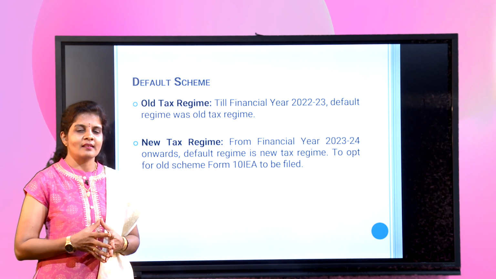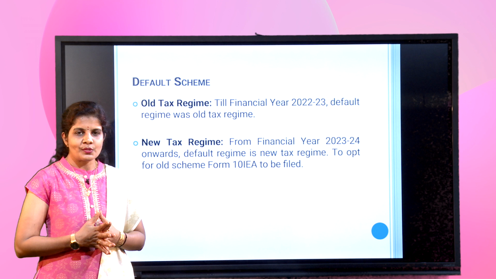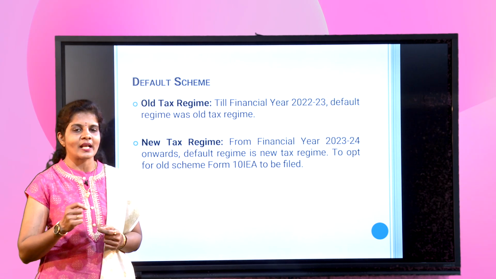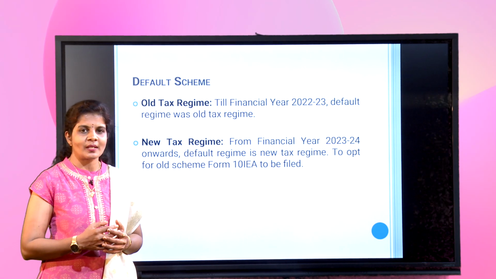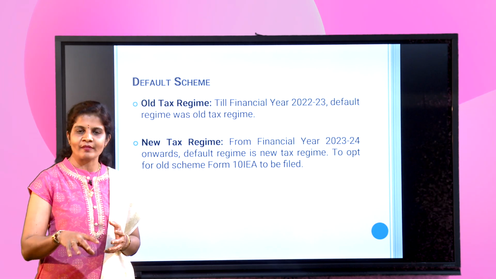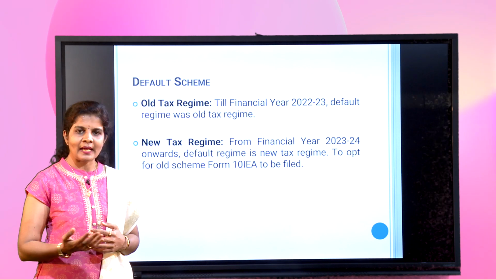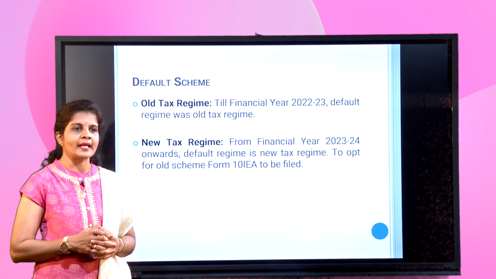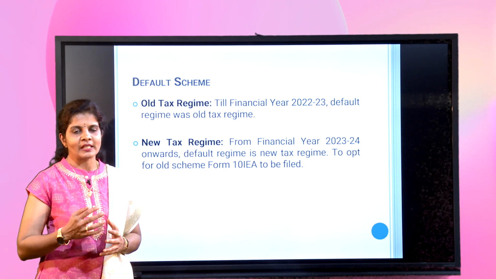But now we have to decide by calculating which gives less tax, the old tax regime or the new tax regime. By considering all the concepts which we have explained right now, we will go for the old tax regime or the new tax regime.